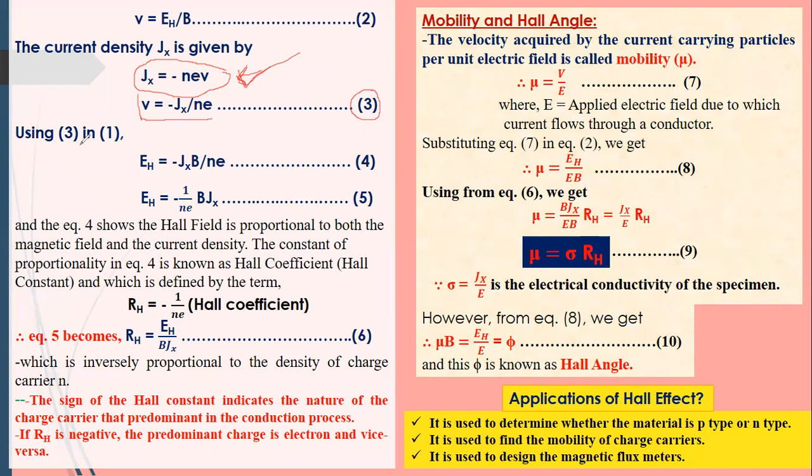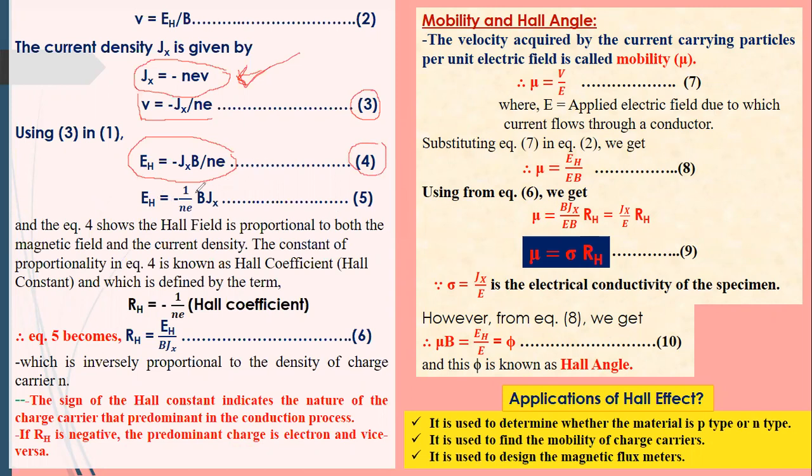After that, using equation number 3 in equation number 1, we get EH is equal to minus JxB upon Ne. Let us say that is equation number 4.